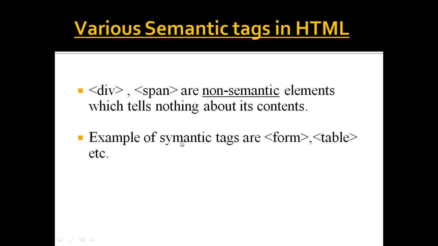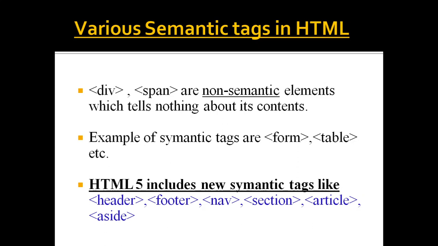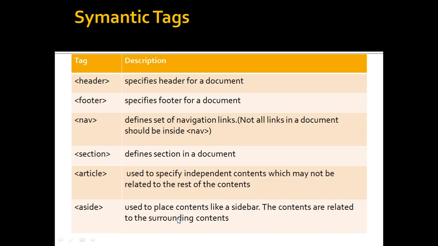In general, we use the semantic tags like form, table, etc. in HTML. But HTML5 also includes certain new semantic tags like header, footer, nav, section, article, aside. Let us learn about these new semantic tags in detail.